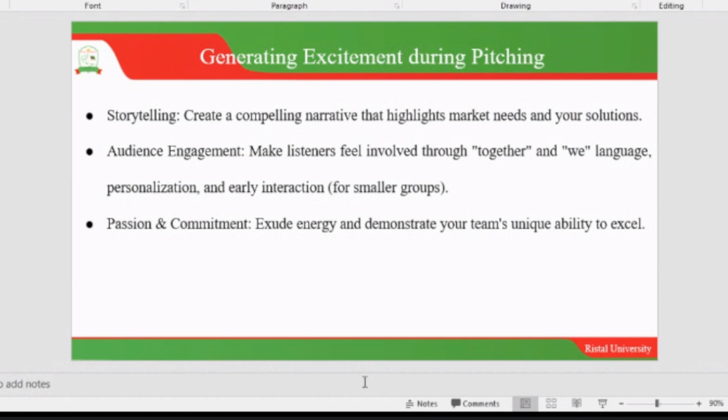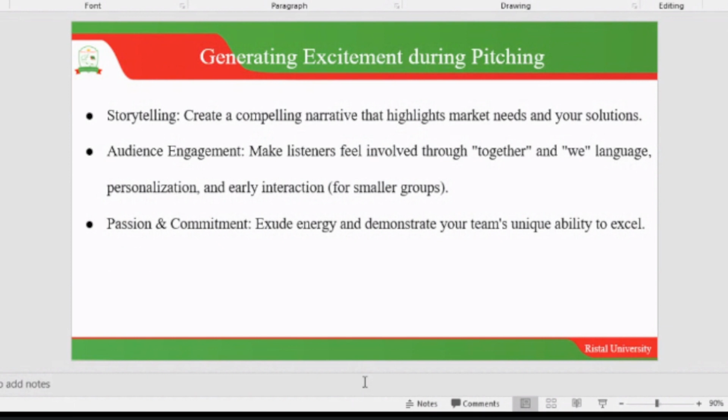If you want to give a good pitching or a good presentation of your idea, you need to make sure that there is a story to it. A very good story about the problem that exists and how you come in with your solution and really fix that problem.